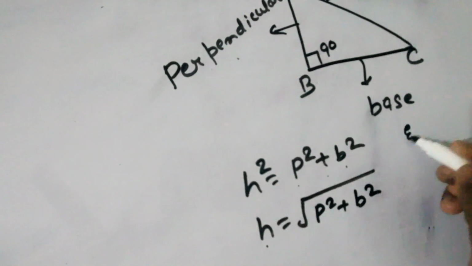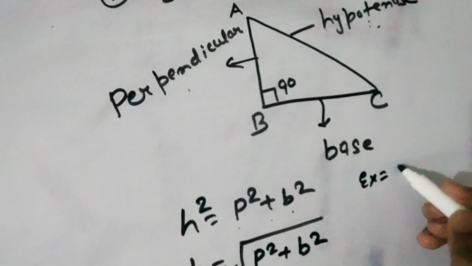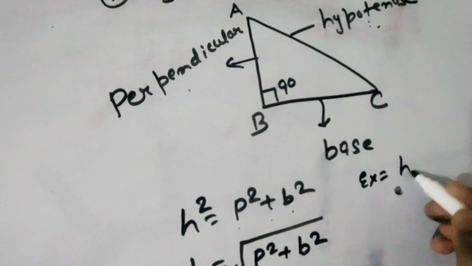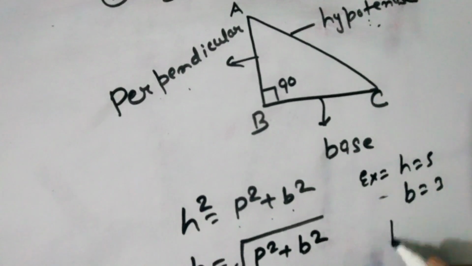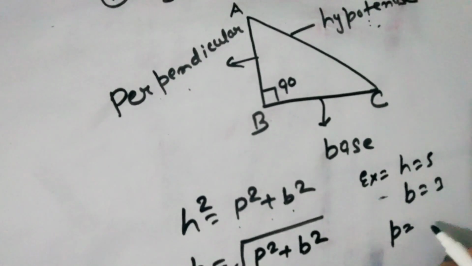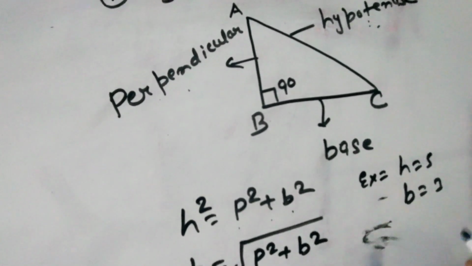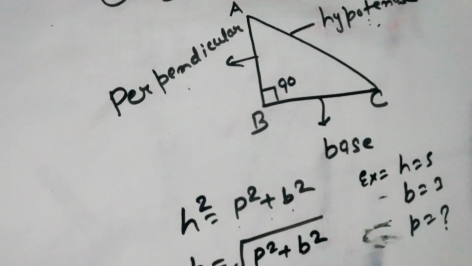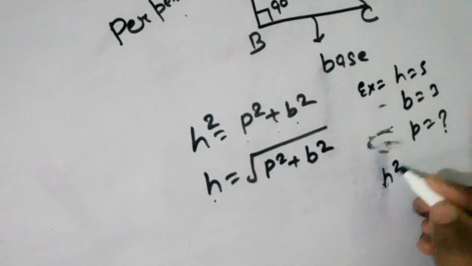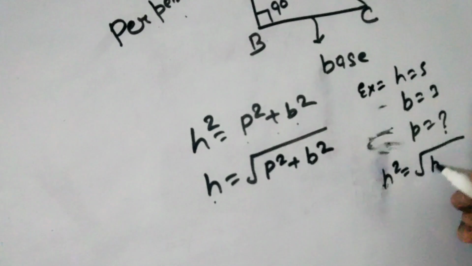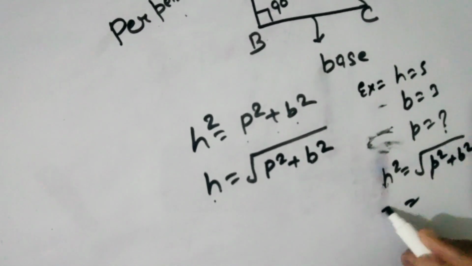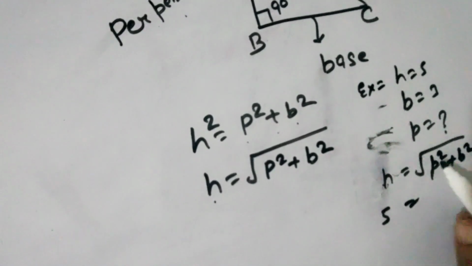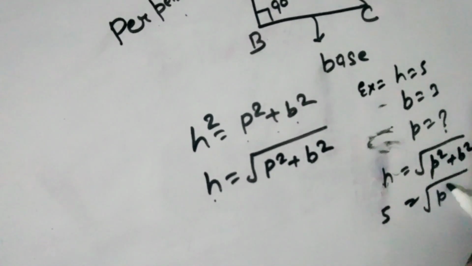Here I give an example. The hypotenuse H is given as 5, and the base B is given as 3. How can we find the perpendicular? Hypotenuse square equals perpendicular square plus base square. The hypotenuse is 5 and base square is 9.